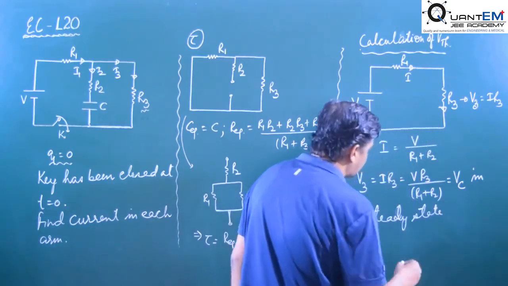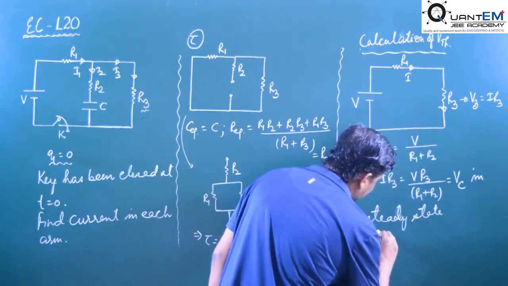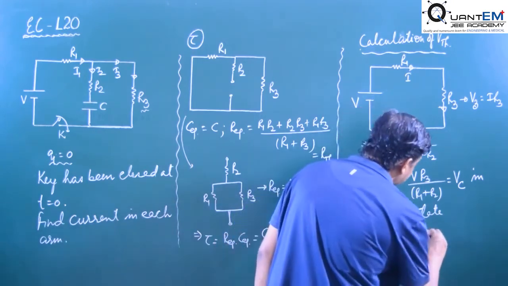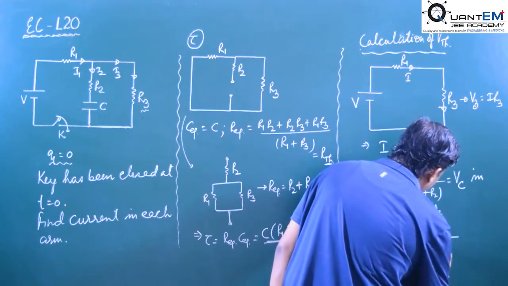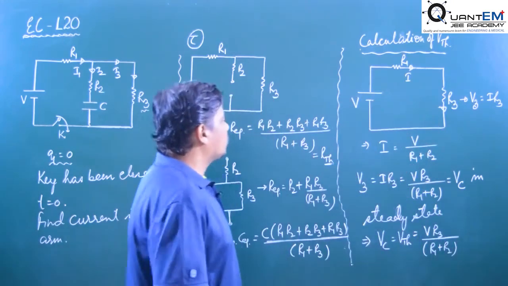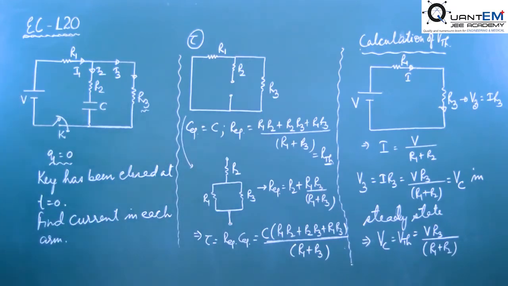This potential drop is also called Thevenin's voltage. This VC is equal to VTH, and that is equal to V R3 by R1 plus R2. So now we get the value of VTH, the potential drop across the resistor.